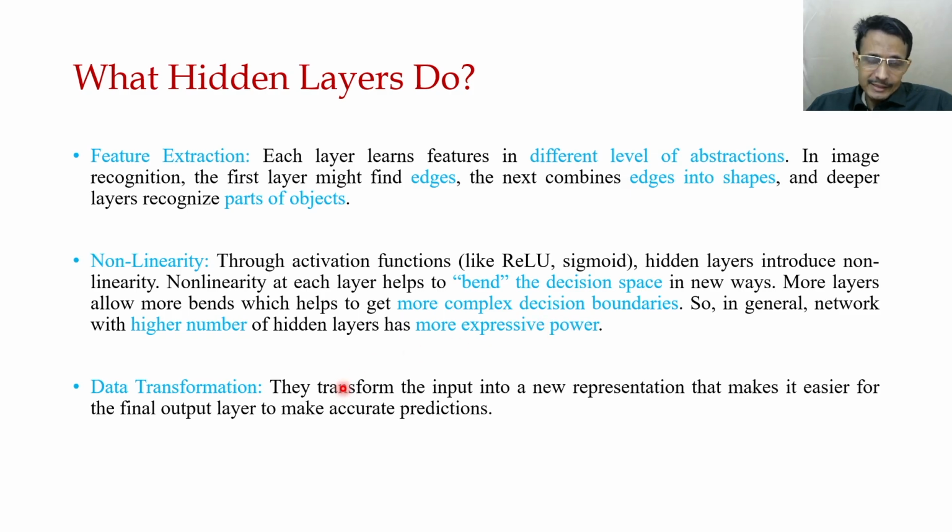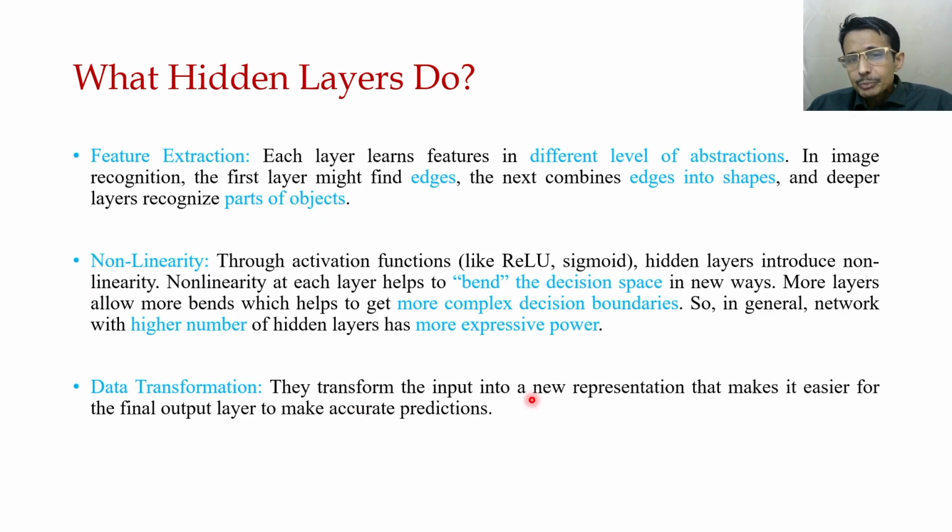The third point is data transformation. In the image example, the inputs are given as pixels. The network transforms the pixels into edges, edges into shapes, and shapes into objects.